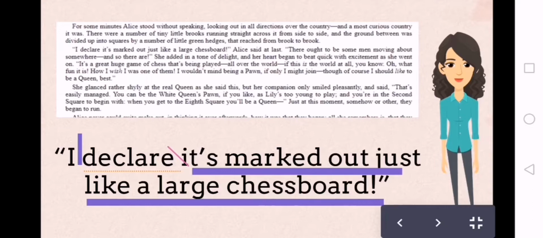So, we know that the function is direct object, because we ask, declare what? And the context is after a transitive verb of speaking. And the main use is a statement, because this says something.